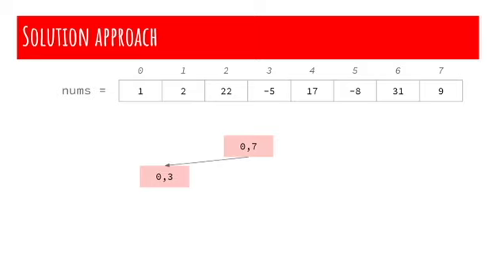We split this into sub-problems with indices 0, 3 and 4, 7. It is relatively large still, and so we divide it further as 0, 1 and 2, 3.